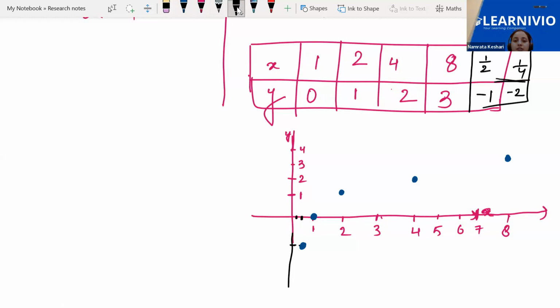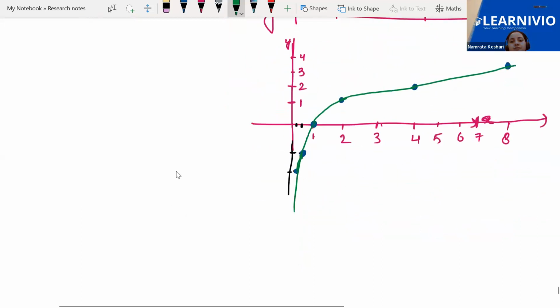There the result came out as minus 2. So here, let's join them. You see the graph will move like this.